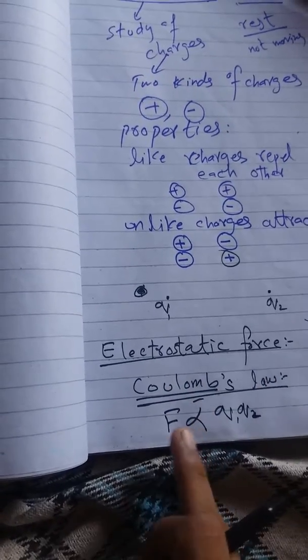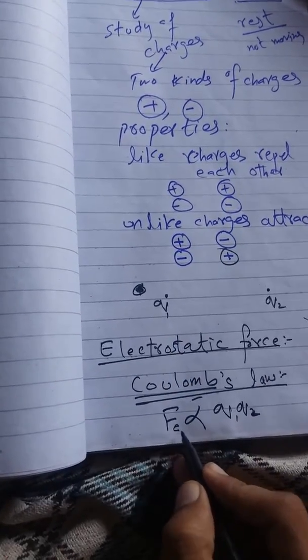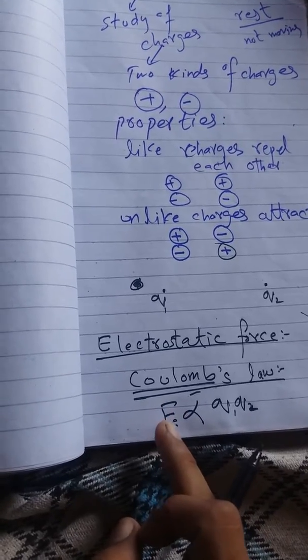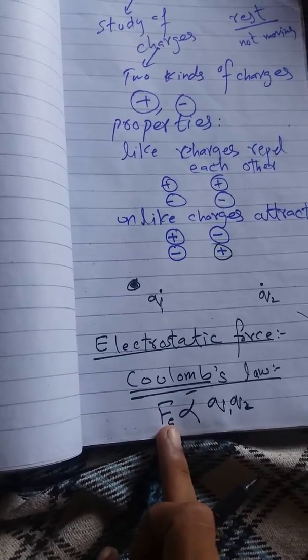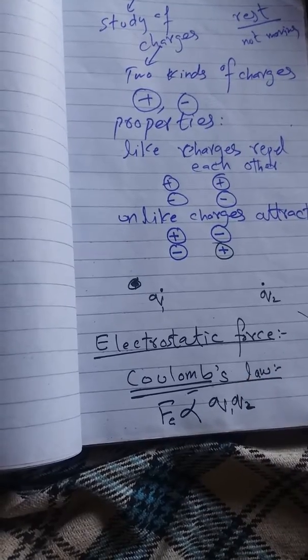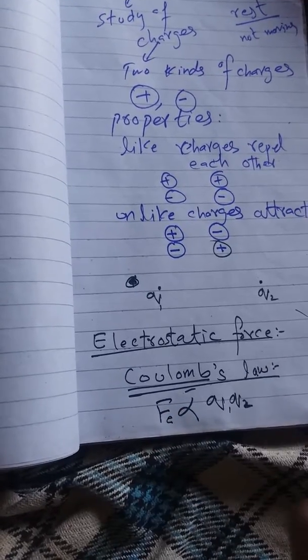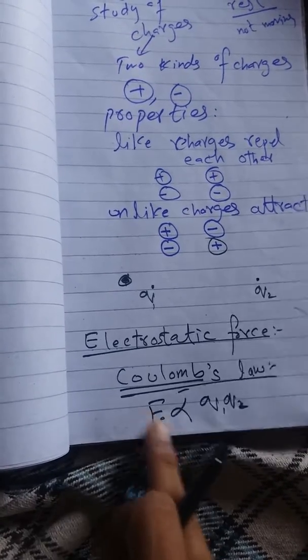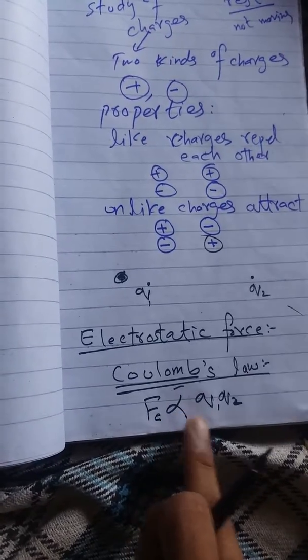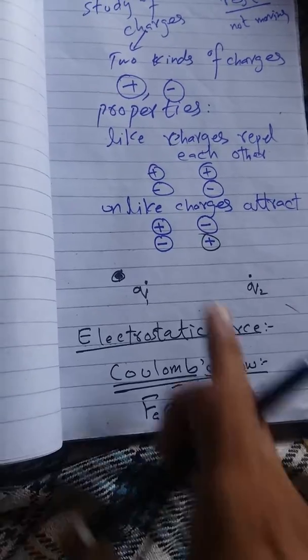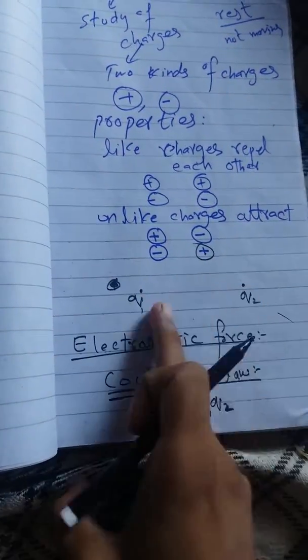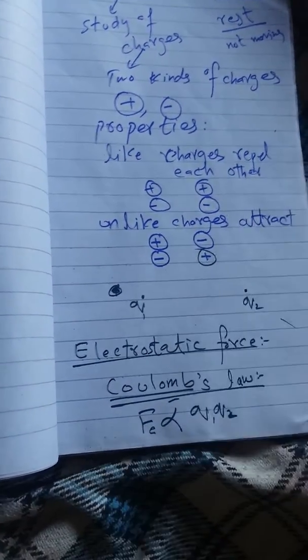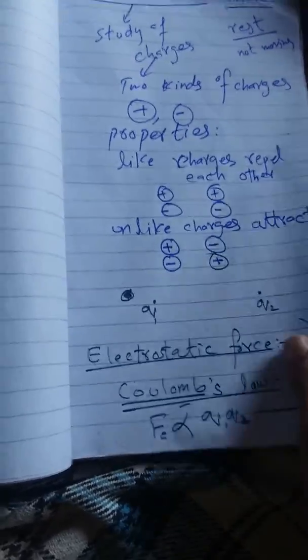I will denote electrostatic force by Fe. There are so many kinds of force: gravitational force, and the electrostatic force. Fe is directly proportional to Q1 Q2, the product of the magnitude of the charges which are applying force on each other. I call it 1.